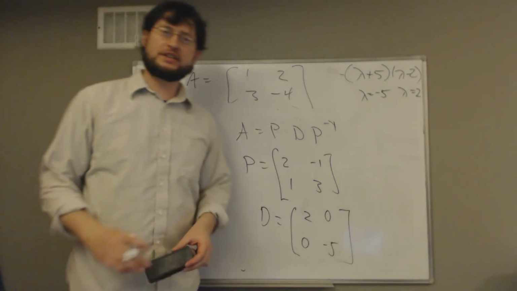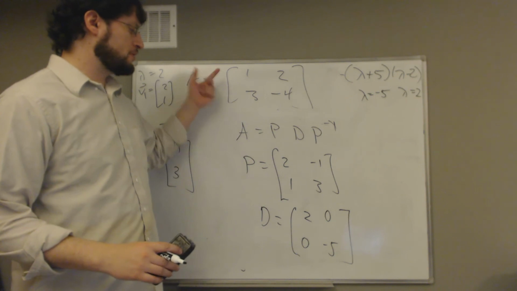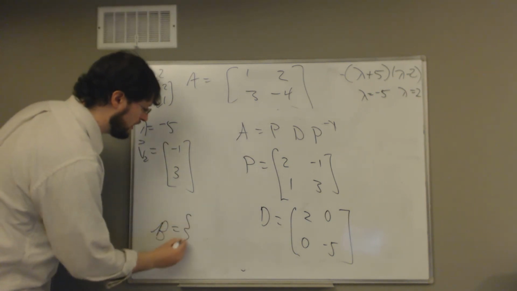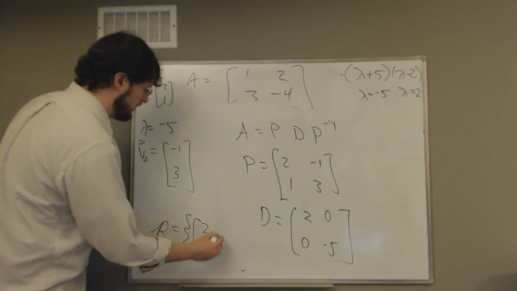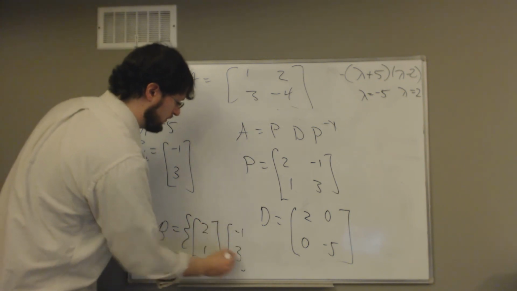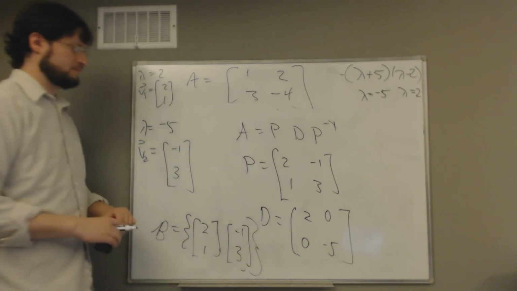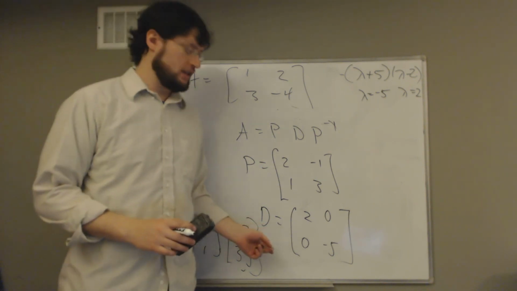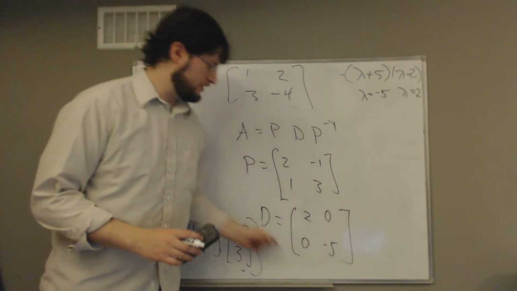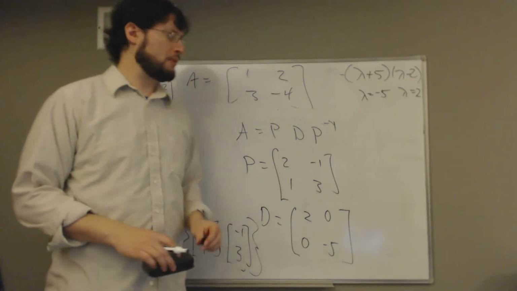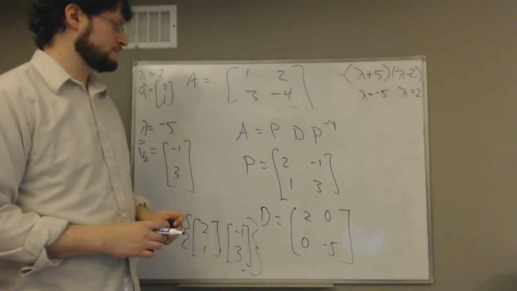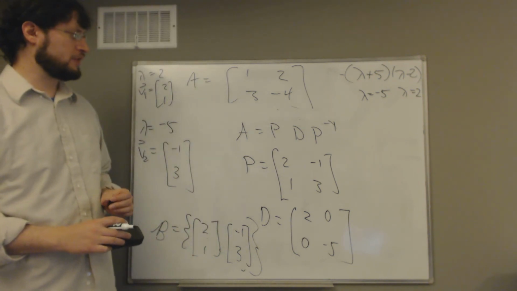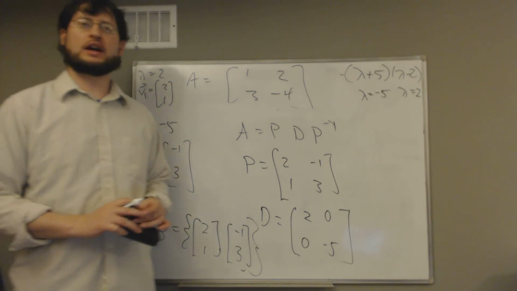And so the basis under which A corresponds to multiplication by a diagonal matrix is the basis given by the eigenvectors, [2, 1] and [-1, 3]. And the diagonal matrix that this corresponds to is D, [2, 0; 0, -5]. And that's what we need to talk about from 5.4. See you next time for 5.5, complex eigenvalues.